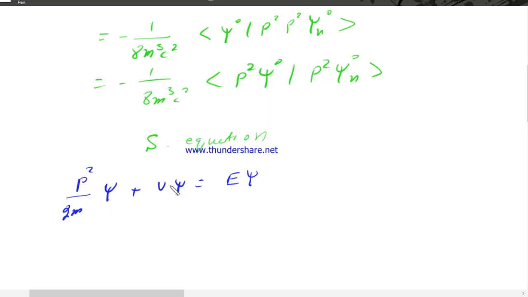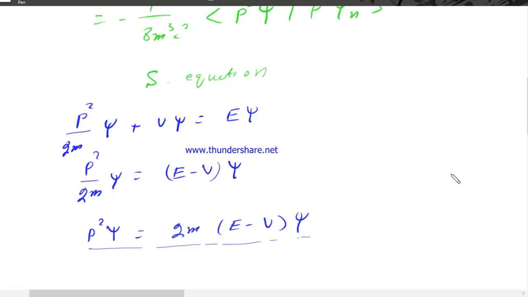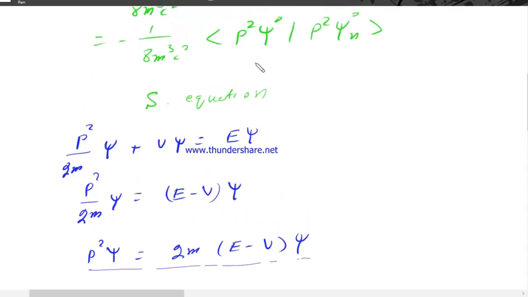Now we transfer this term to the right hand side, and then 2m psi, and take the psi as common: E minus v. Now p square psi is equal to 2m into E minus v psi. Now we put this value into the above equation.